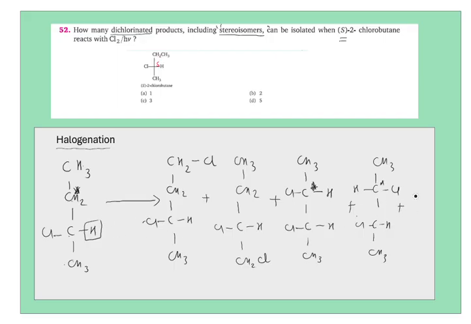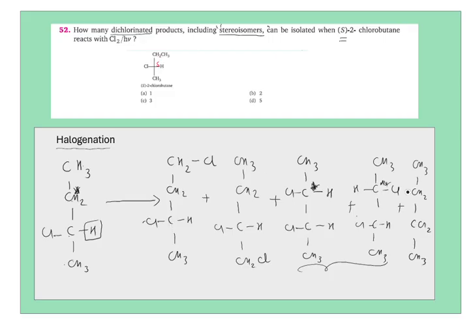So you can write CH3, CH2, CCl2 and CH3. This is the other product. Among all the products, there is one carbon where we have generated a chiral carbon. Therefore, you have to write possible stereoisomers for that. And then you can count the number of all products.